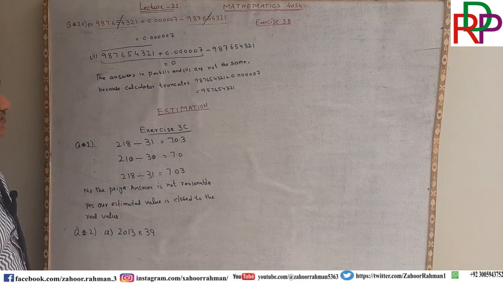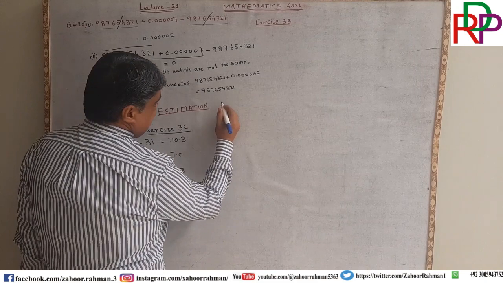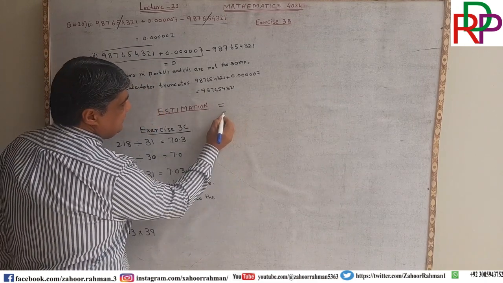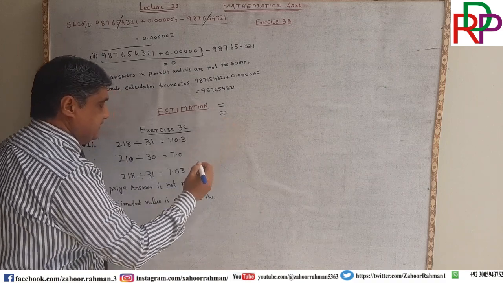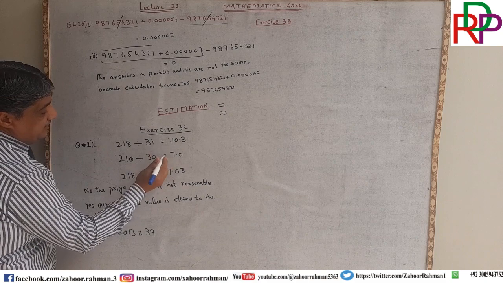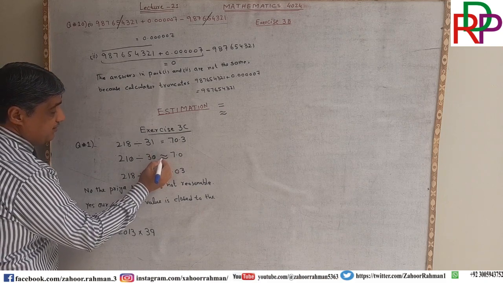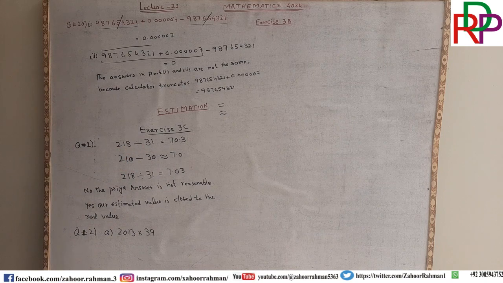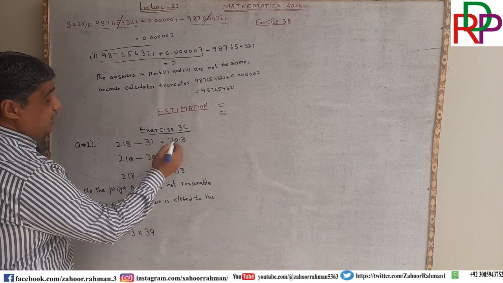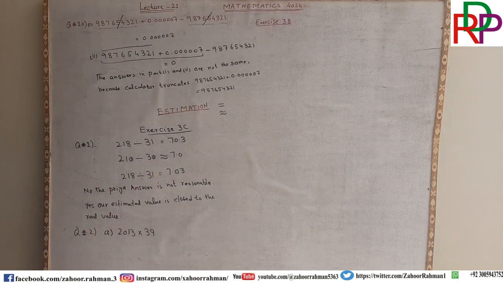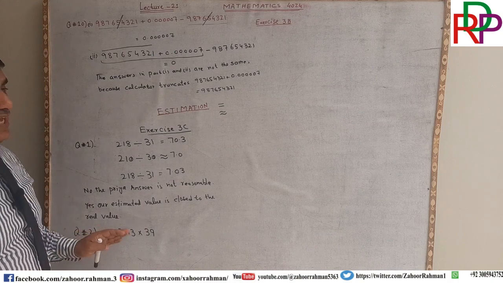Remember, ladies and gentlemen, exactly equal is this symbol and nearly equal is this symbol. So instead we should put nearly equal here because we are estimating this value. The equal sign is a straight line, but the nearly equal sign is curvy.